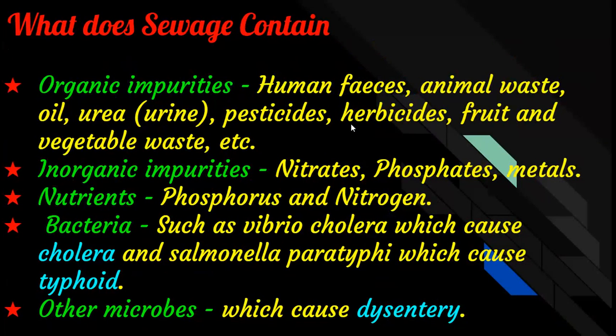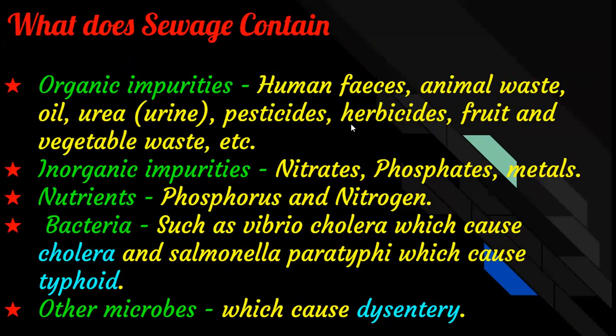Do you know what sewage contains? It contains organic impurities, inorganic impurities, nutrients, bacteria, and other microbes. Organic impurities: human feces, animal waste, oil, urea, pesticides, herbicides, fruit and vegetable waste, etc. Inorganic impurities contain nitrates, phosphates, and metals.